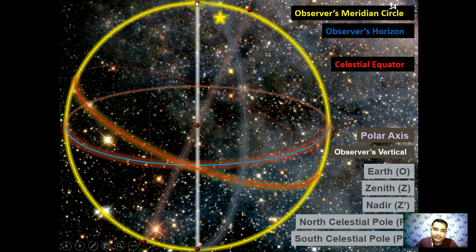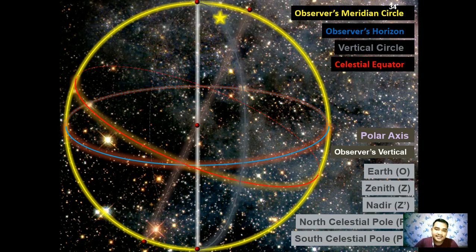Again, from zenith going to the nadir, that circle is a great circle that passes through or connects the stars that we want to observe. So the name of that circle is the vertical circle.